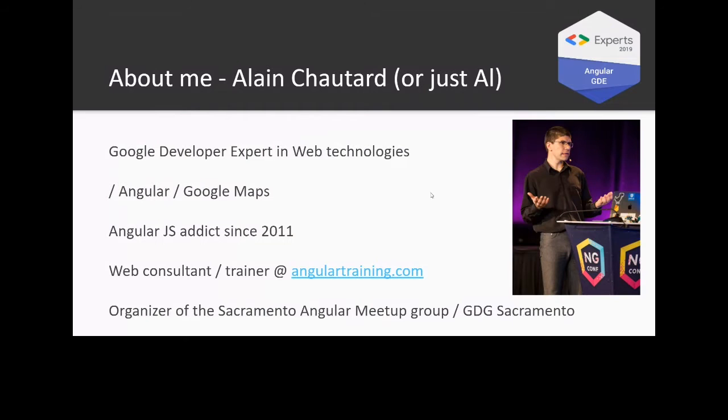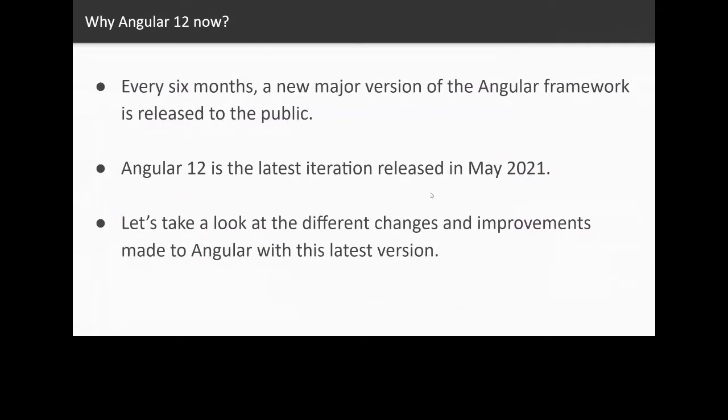So that's me. Now let's talk about Angular. Why Angular 12? Why did it happen a few weeks ago? That's because the Angular team releases a new major version of the Angular framework every 6 months. That's the plan, the theory that the Angular team is trying to stick to. So Angular 12 is the latest iteration.